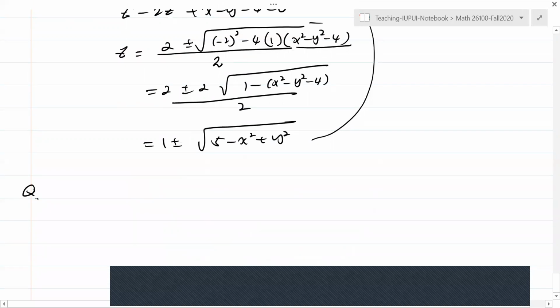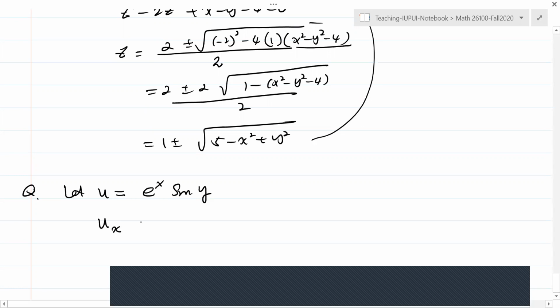So let's take a look at another function. Let u be e to the x sine y. This is a quantity that depends on x and y, so we have to find the partial derivatives.